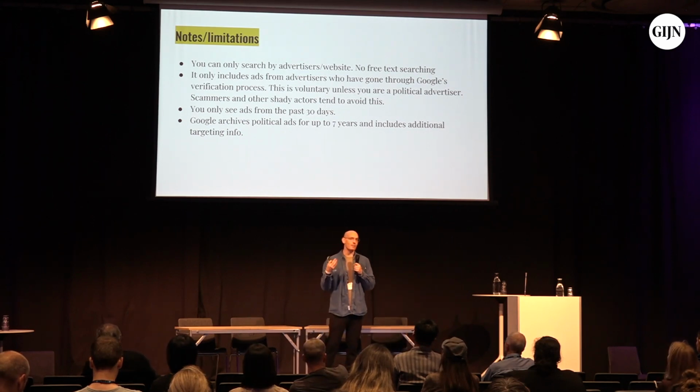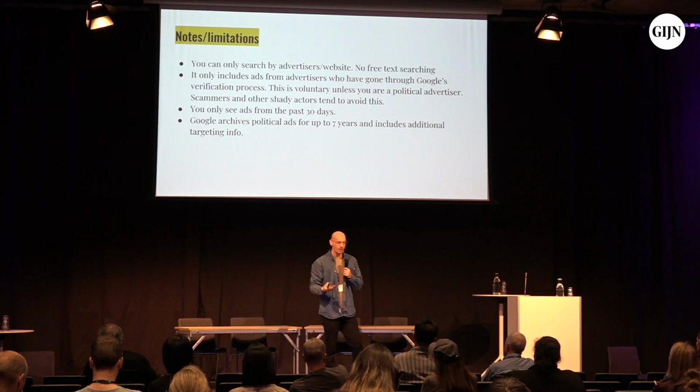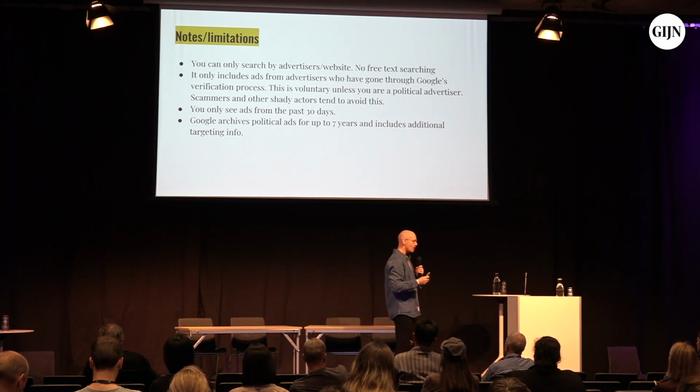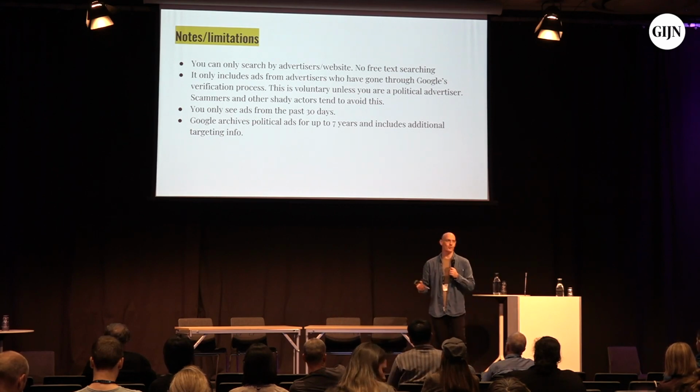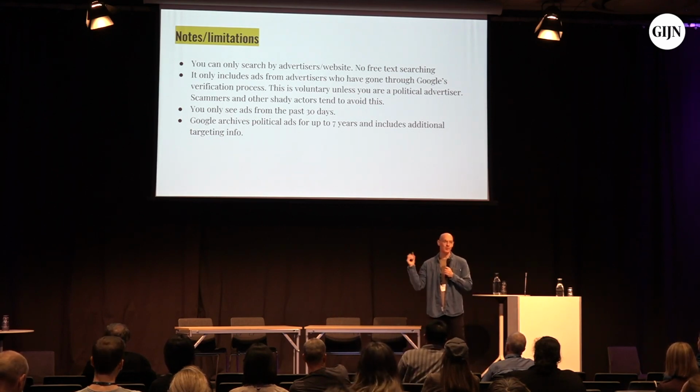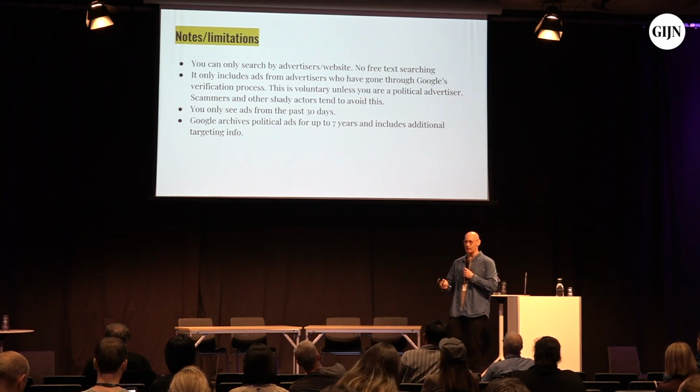Most of the big advertisers will go through this. But anybody who is a sketchy advertiser, a scammy advertiser, or up to no good will not go through this, and Google will only give you results from verified advertisers. So this is the one limitation you have to keep in mind when you're getting results.